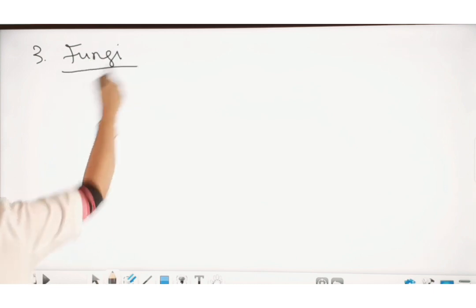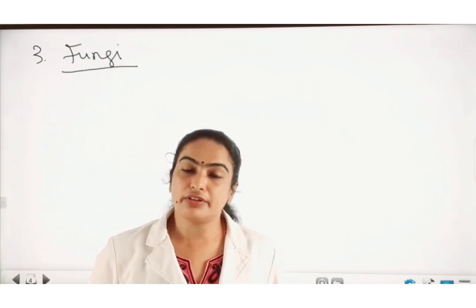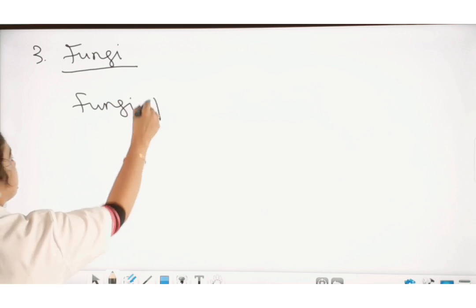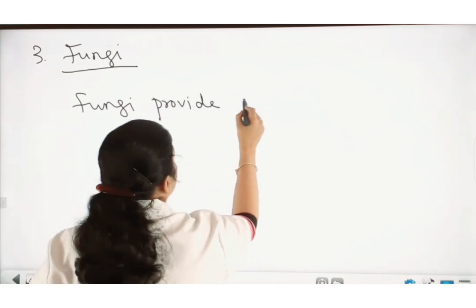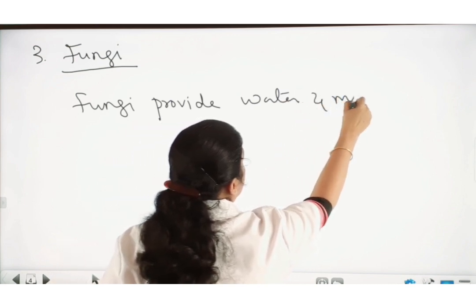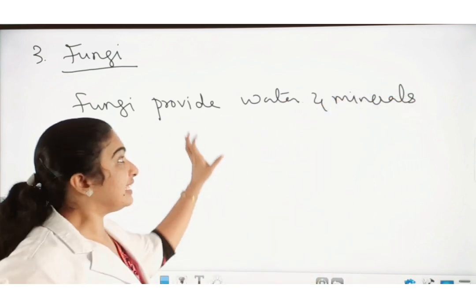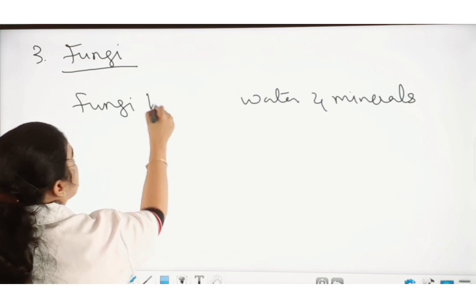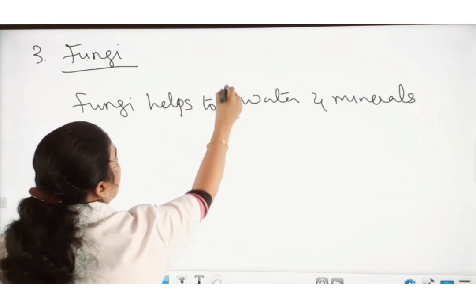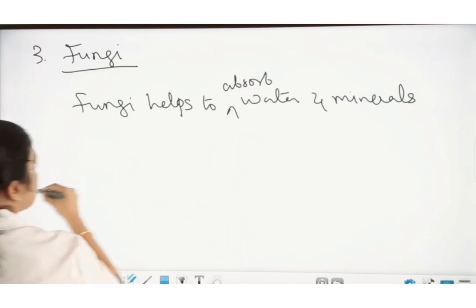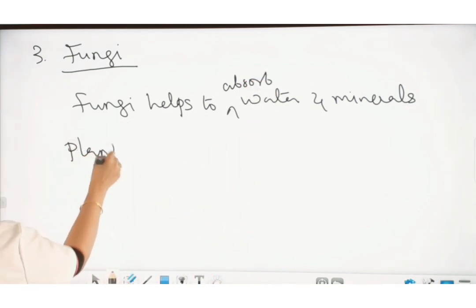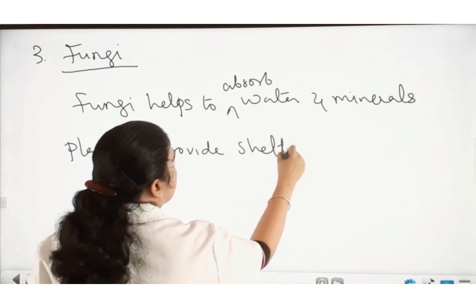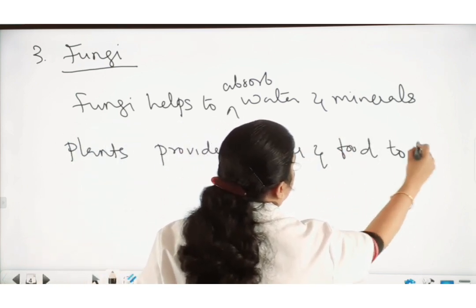Some fungi live in the roots of plants, so that fungi help the plants to absorb water and minerals, and the plants in turn provide shelter and food to fungi.